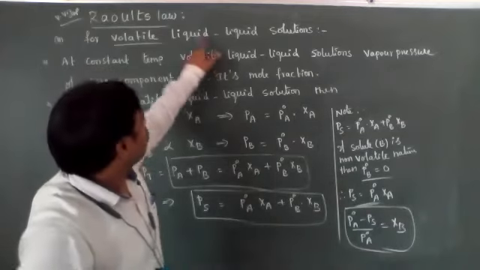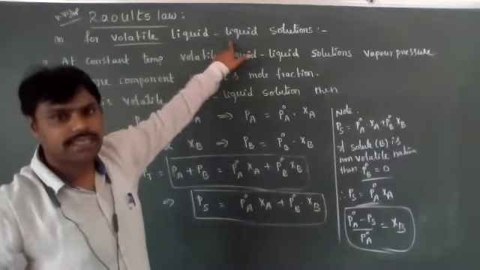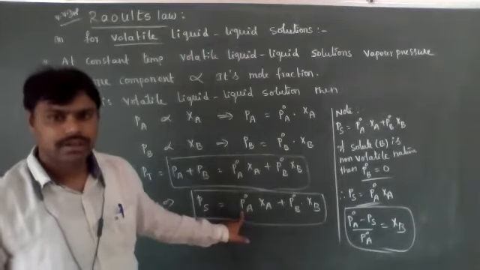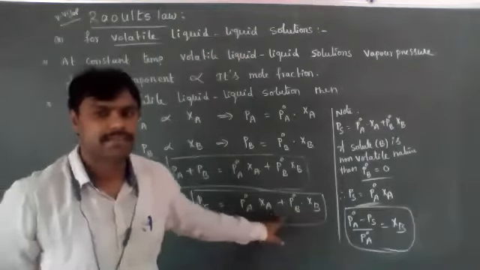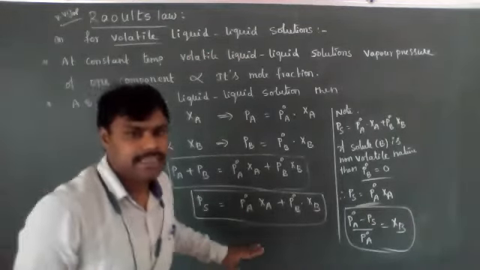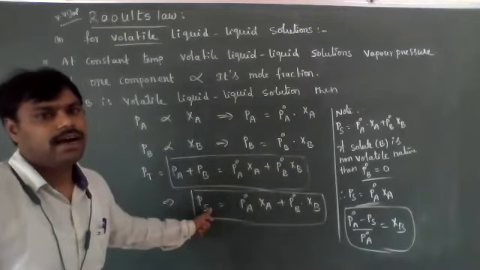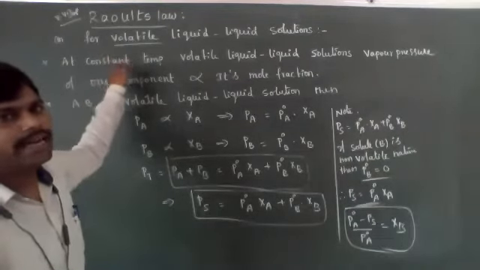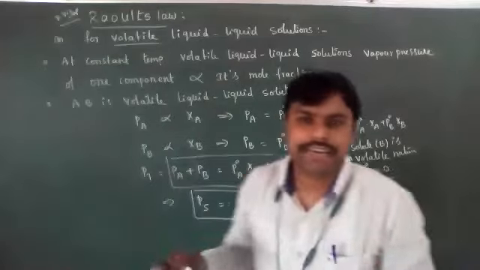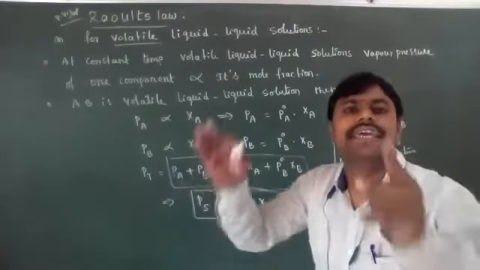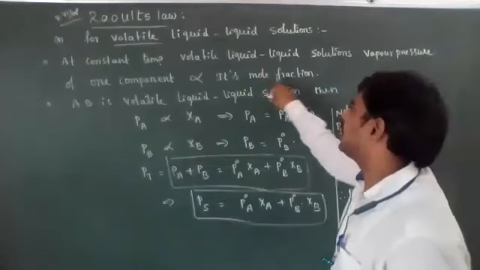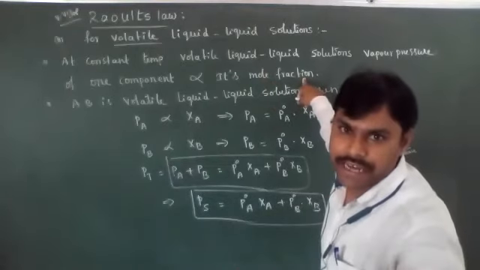Yes. So when volatile liquid solutions are present, PS is equal to P naught A into XA plus P naught B into XB. Under this formula, the statement of Raoult's law for volatile liquid solutions is that the vapor pressure of each component is always directly proportional to its mole fraction.